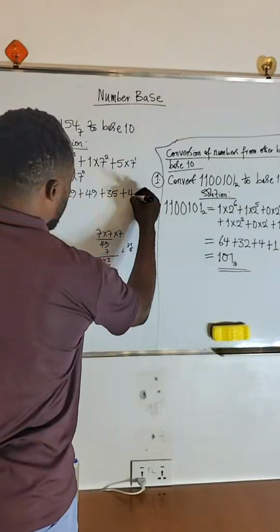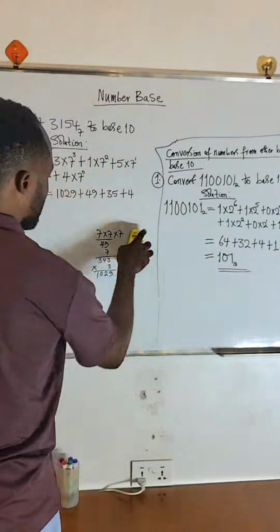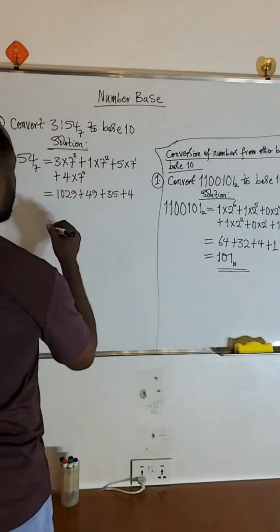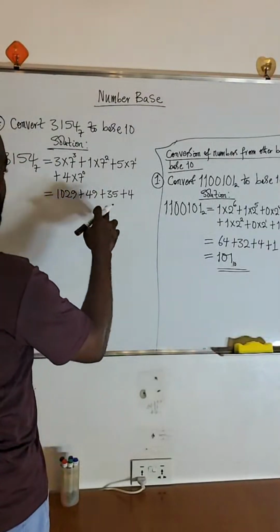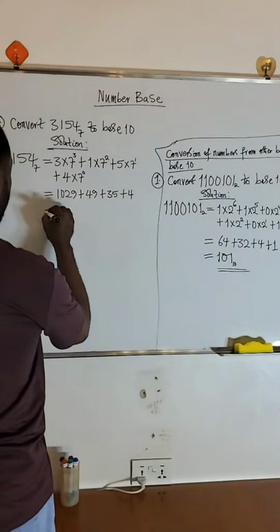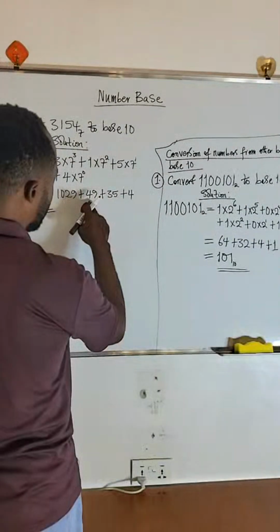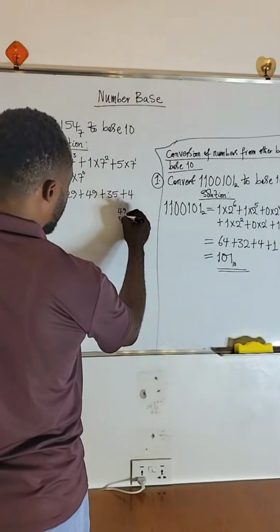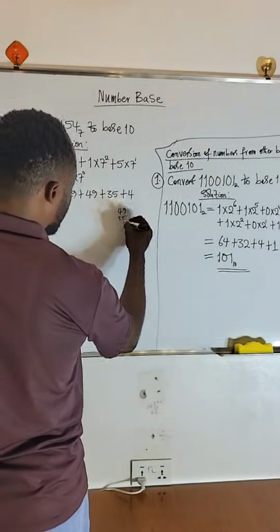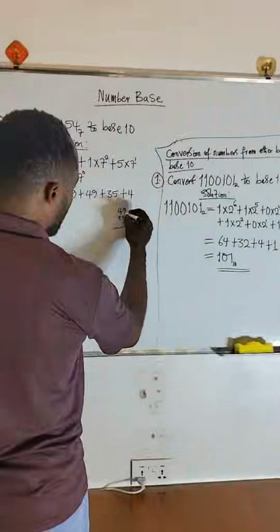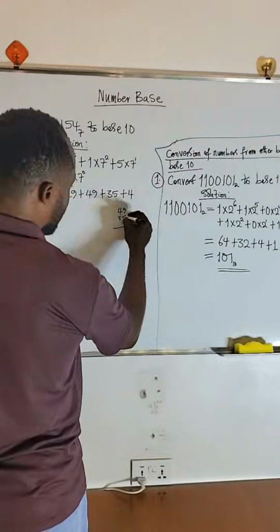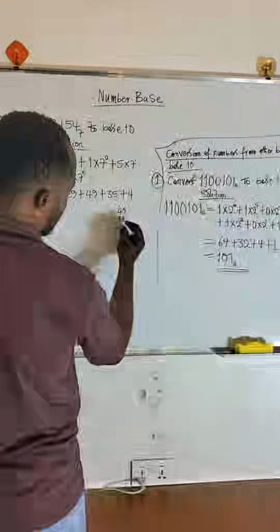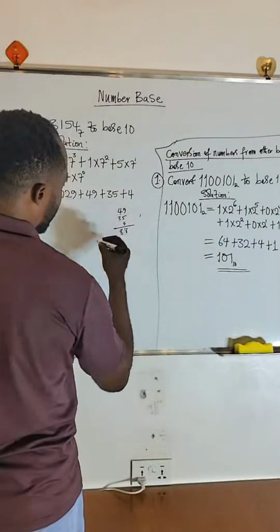All right. So this is 4. So if we are going to add that together, then we will have this. Let's add this together: 1029, 49, 35, and 4. So 9 plus this, 14, 14 plus 4, 18. We take 1. This is 7 plus 1, 8.